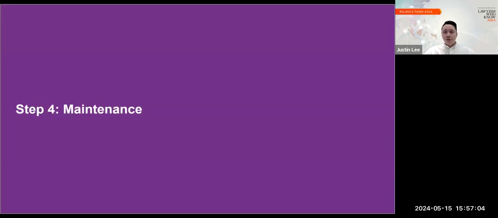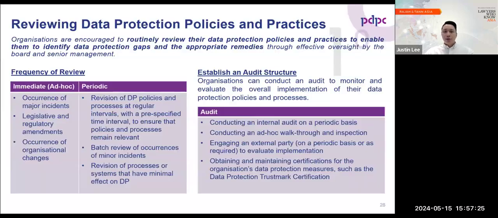Right. So the final step, step 4. As I said, having put in place your culture, having developed your policies and processes, having operationalized them, and having a full risk awareness and risk mitigation framework in place, the final step is maintenance. So how do you keep it going?